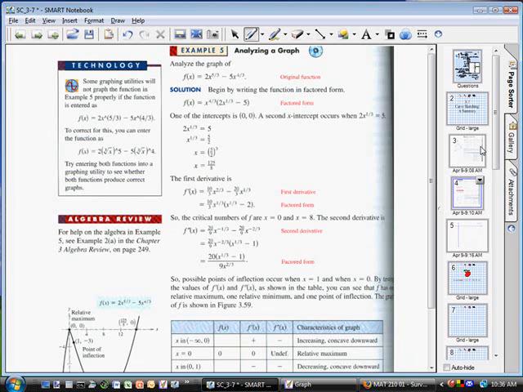We already know we go through the origin. Let's find the first derivative. They do that right here. You can probably look in your book, you can see it better. Actually, they write it two ways. I like this factored way right here. Because when you look at this, can you tell when it is that this thing will equal 0?